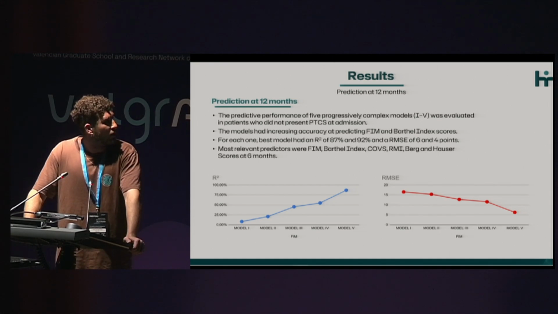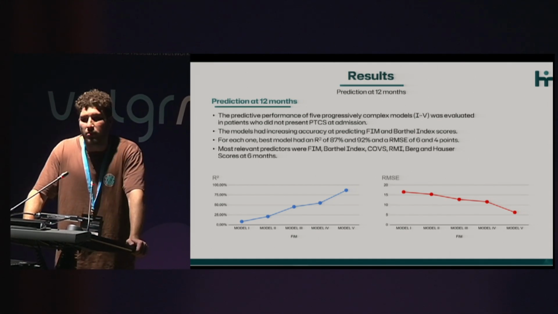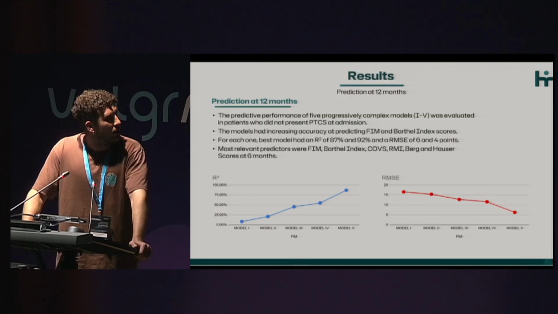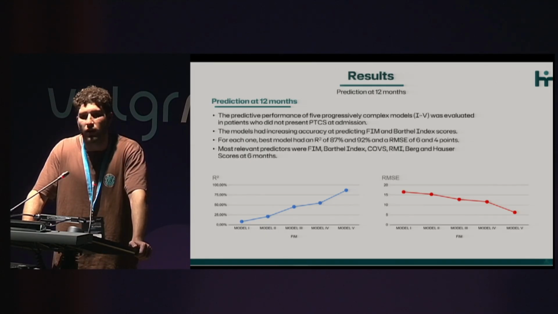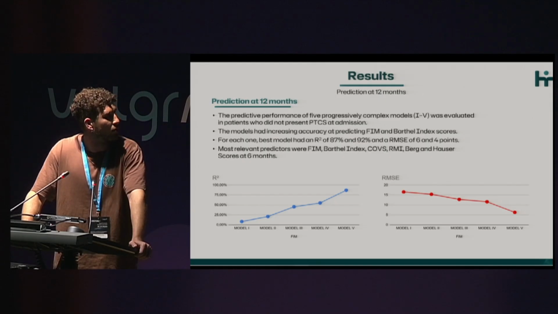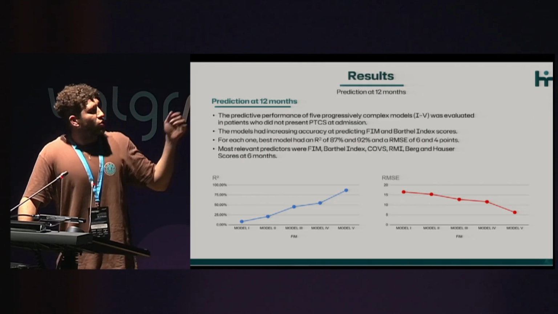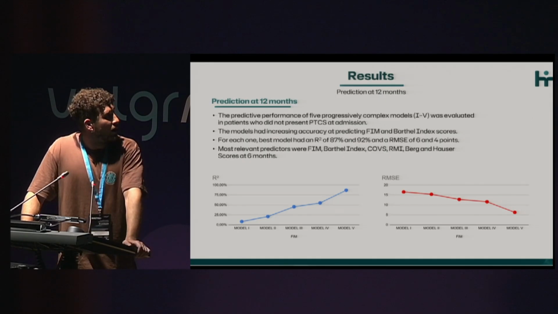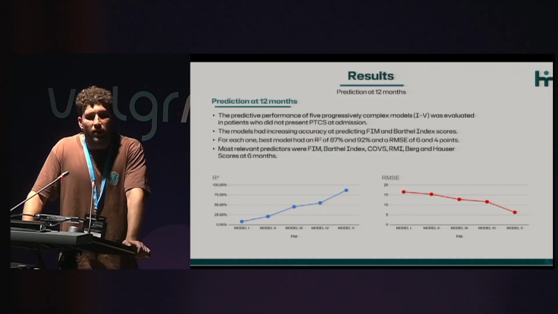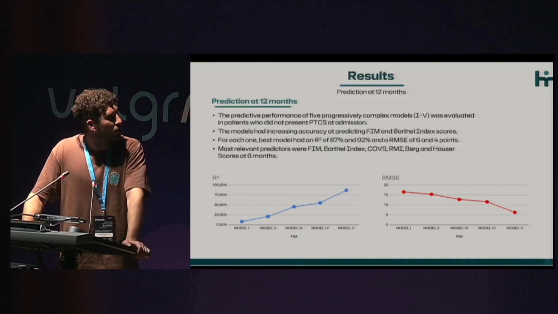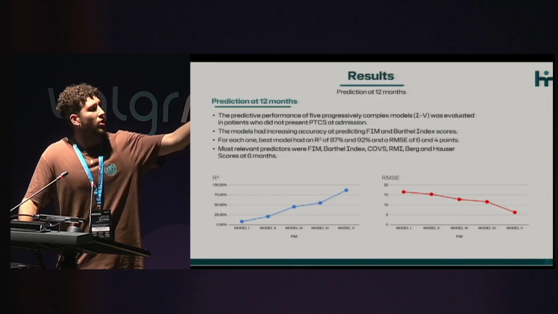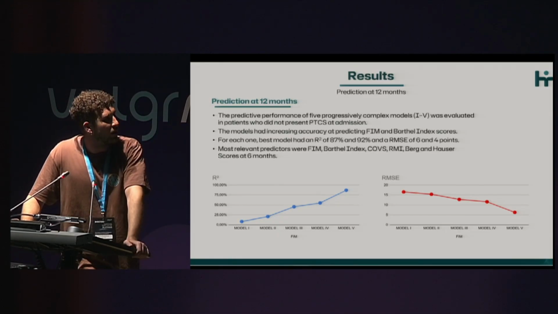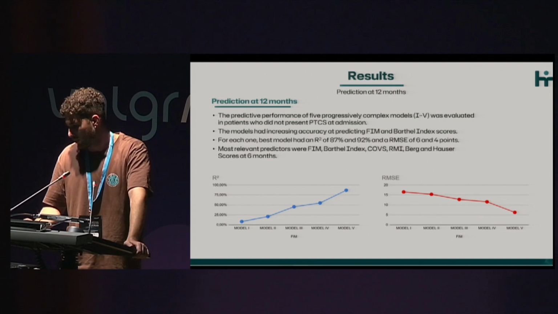And now we achieve really great numbers, around 90% in R-square, and 6 points of error in the FIM out of a total of 126, and 4 points in the Barthel index out of a total score of 100. Now again, the most relevant predictors are the FIM and Barthel index, and then we have some motor functions. It could be the COPS or Rivermead index, Berg scale, etc.